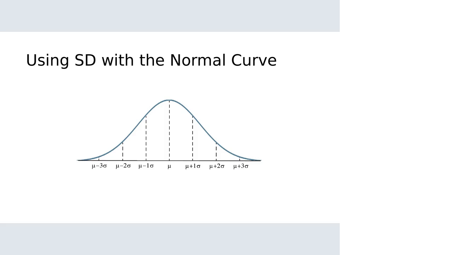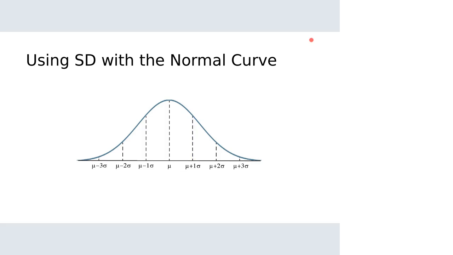Okay, using standard deviation with the normal curve. We see this shape here, that's the shape of the normal curve, and we can see that the mean is right here in the middle. And then what we've done is we have gone into this normal curve and cut it into sections. I cut a section here, and that is mu plus 1 sigma. What the heck?